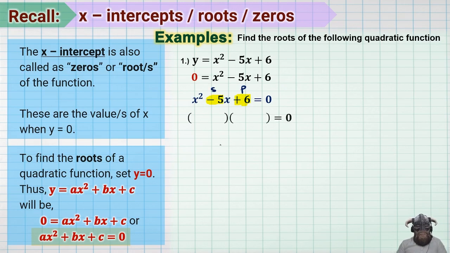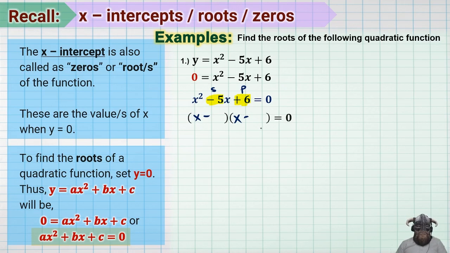That means both factors will be negative, because negative times negative is positive, but if you add those two negatives, it should be negative 5. So we know they are both negative. We can set both as (x minus) times (x minus). Only the numbers are missing.